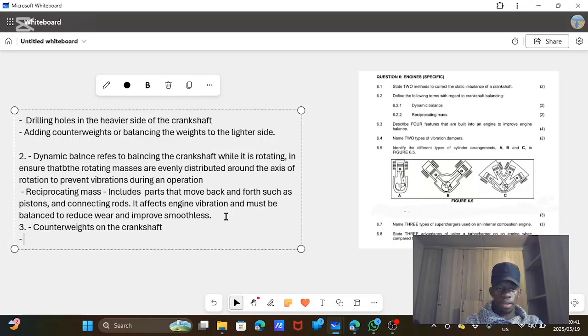Then you also see a flywheel for rotational smoothing.